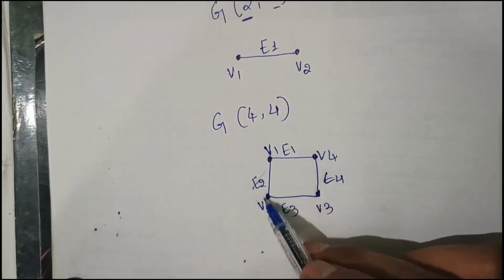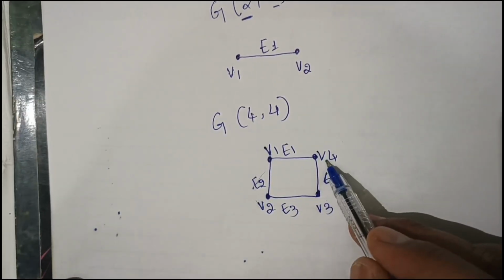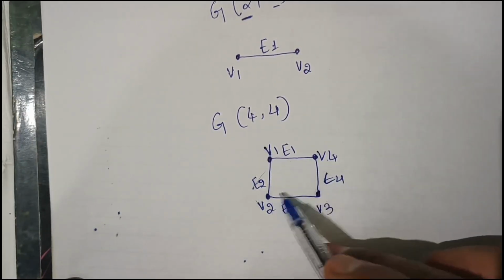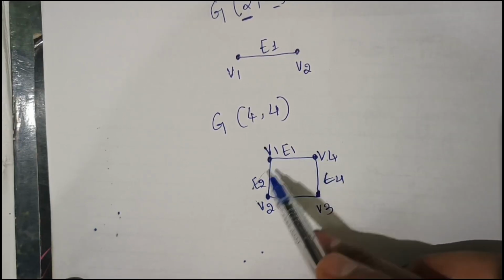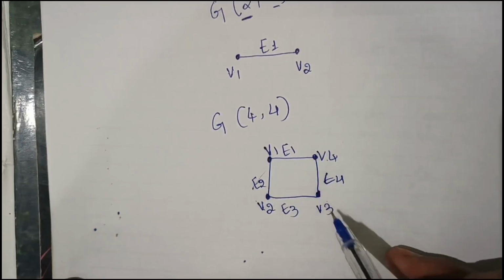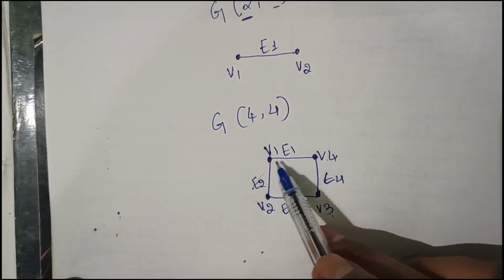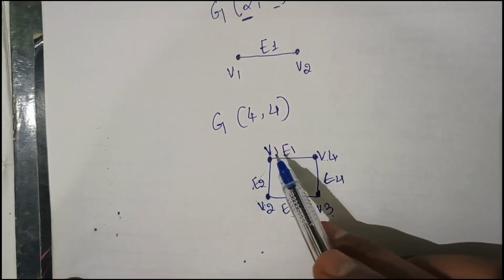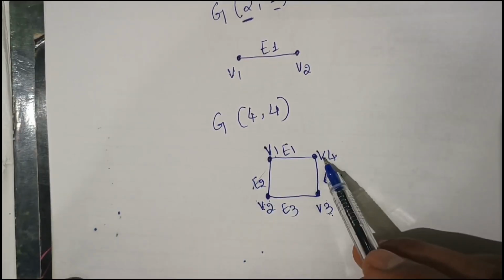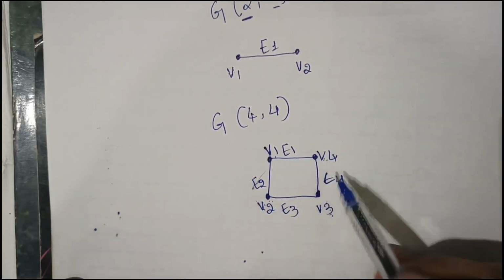Always write them in order, not in a random zigzag way. Always write the vertices and edges in order form: V1, V2, V3, V4. If we write V1, V2, V4, V3, that would be wrong and would not be a graph. For a graph, you should write V1, V2, V3, V4.